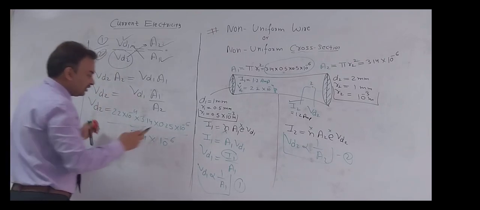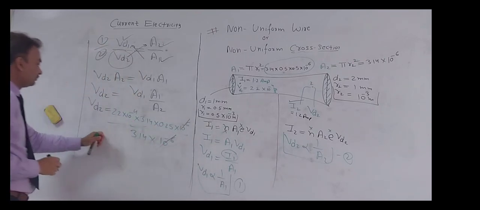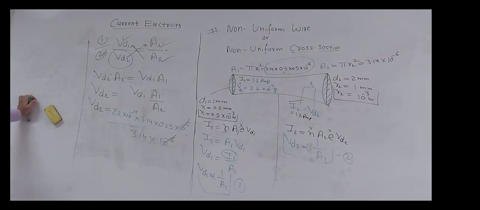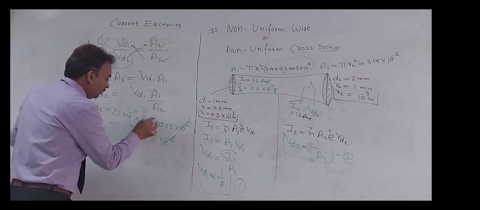Now 10 to power minus 6 is cancelled, and 3.14 is cancelled.